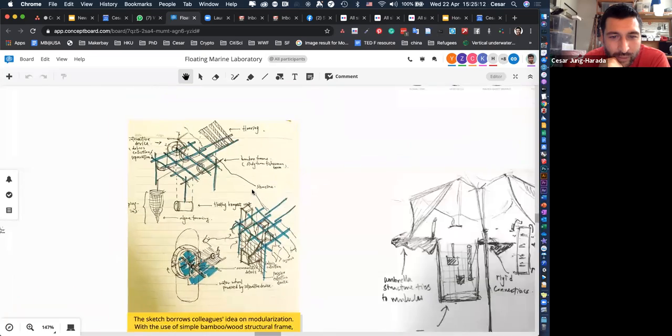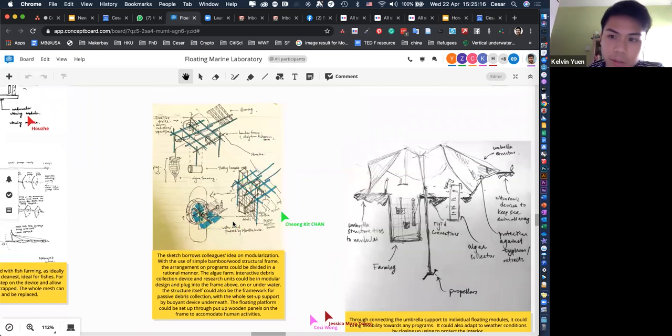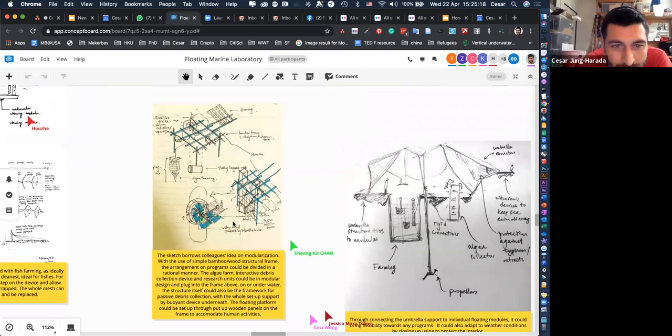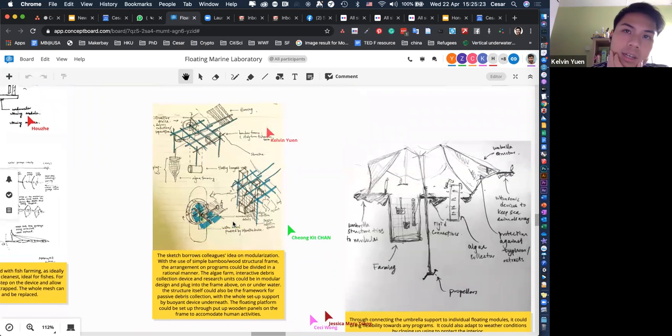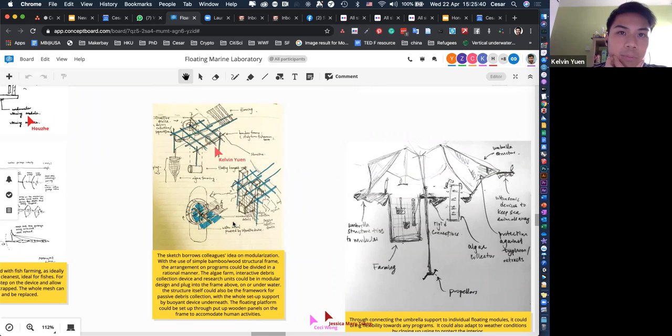This one has quite a bit of text. Okay. Yeah, this is a line drawing. So basically, I was thinking mostly about the construction manner, because I think the modular approach from the colleagues is quite good in terms of construction and also transportation. So in the sketch I break it down into different parts.